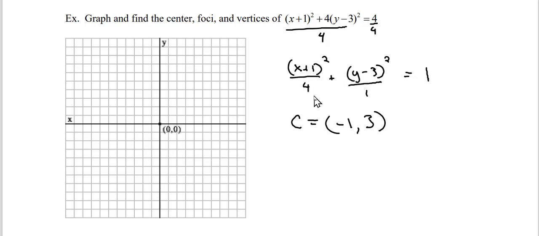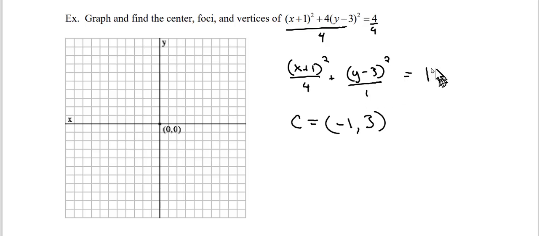One thing I do want to point out here, we talked about how ellipses and circles are super similar. If this had been a 4 here, and you multiply both sides of this equation by 4, you get exactly the equation of a circle, right?